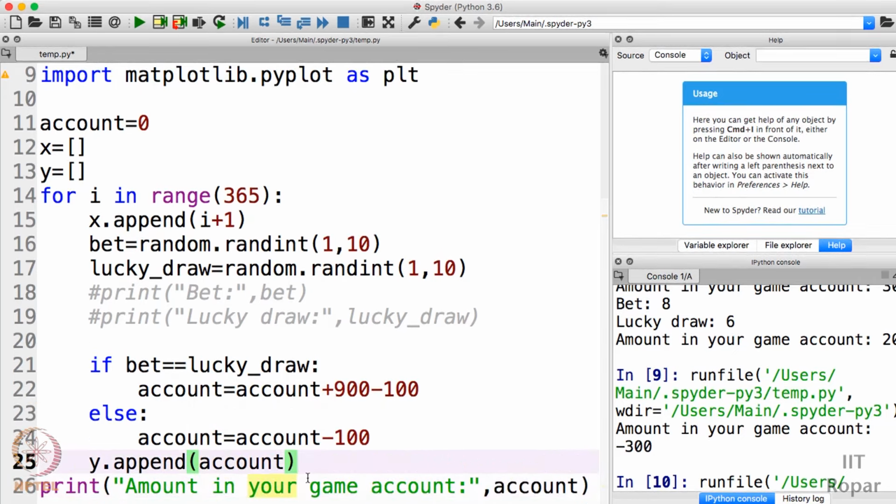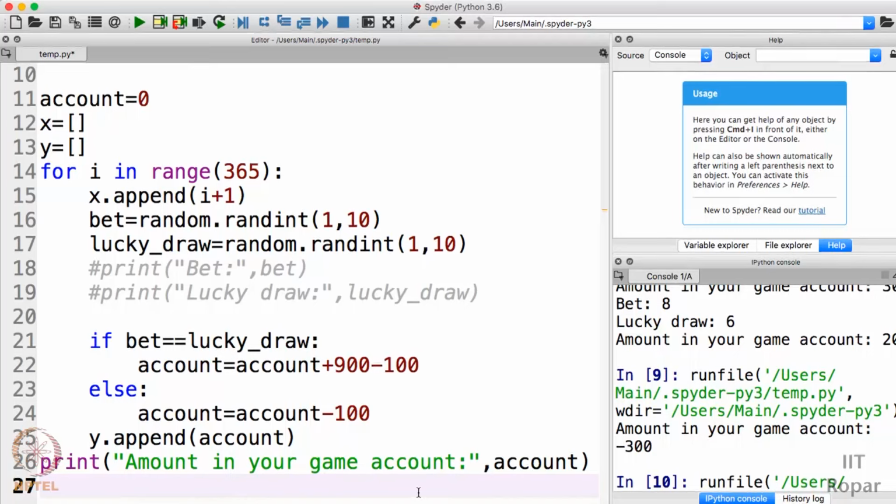So at the end of 365 days, the x list will have the corresponding day count, day 1, day 2, day 3 up to day 365, and the y list will have whatever amount your account contained on that particular day. This is the net profit or net loss you have, and after that I have to plot it. So what should I say? plt.plot.